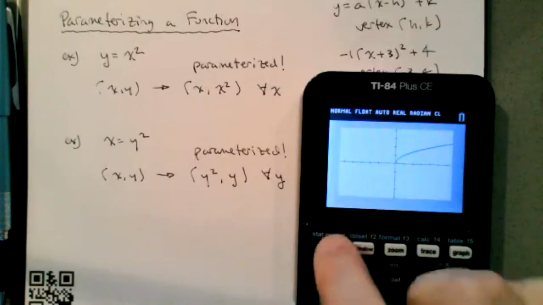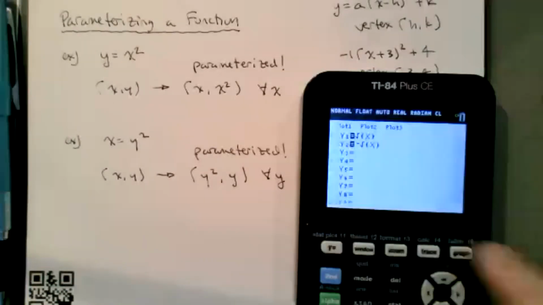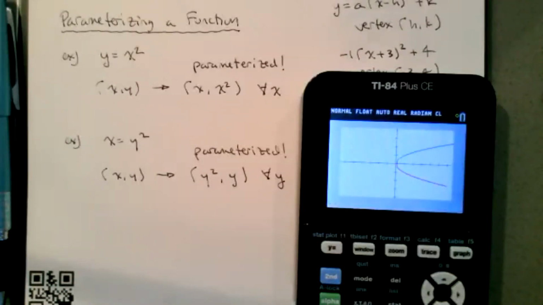To get the other half, I would have to put in a whole separate function, negative square root of x. So limiting. More colorful, but so limiting. But when we parameterize a curve, we don't have to worry about one coordinate being a function of the other coordinate. We write the coordinates independently as functions of some parameter.